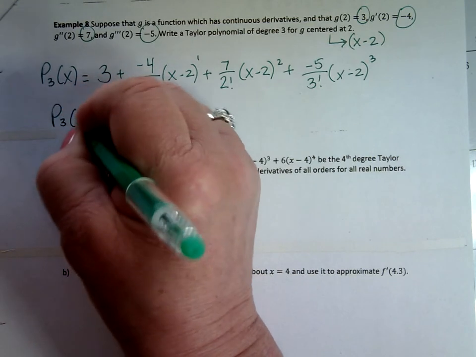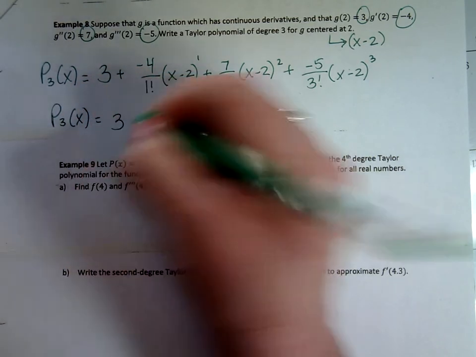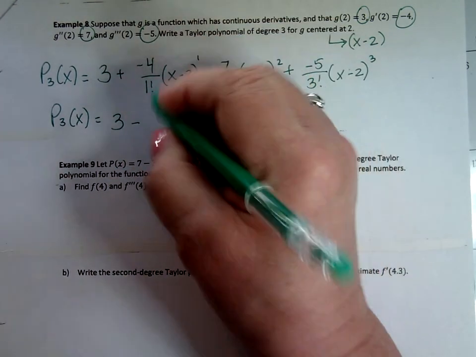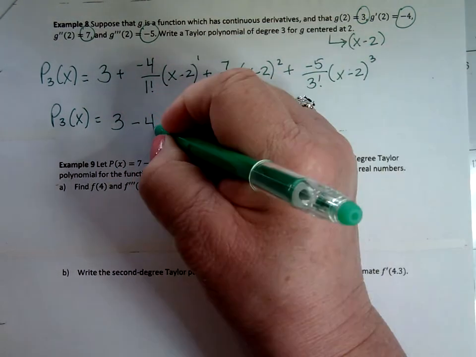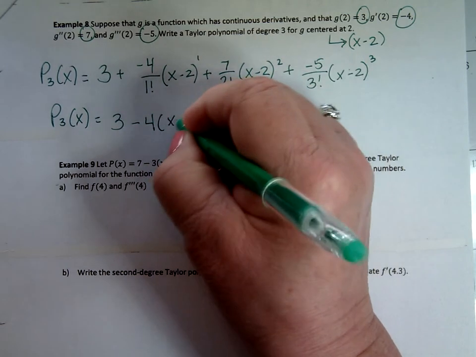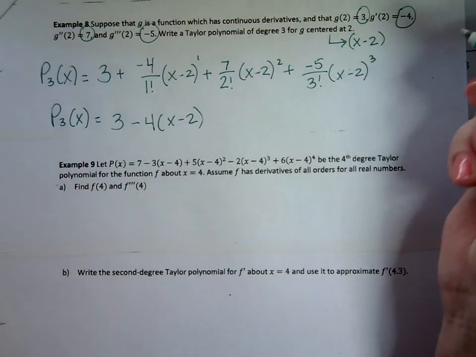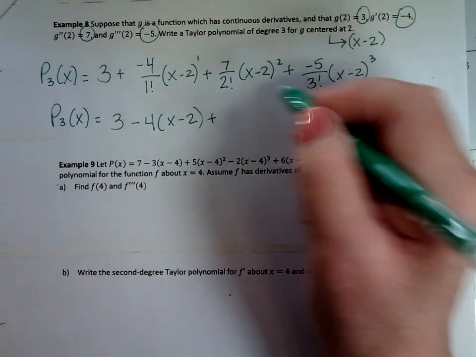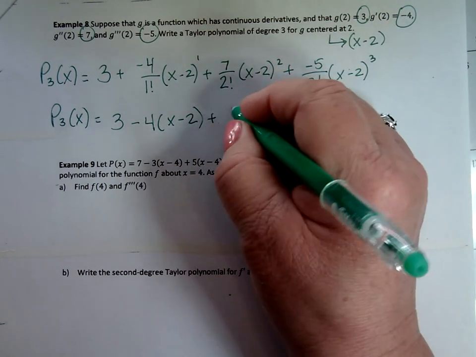3 minus 4 over 1 is 4 times (x minus 2) plus, and I guess there's not a whole lot more you can say about these guys. You could multiply out the factorials, you could leave them as factorials.